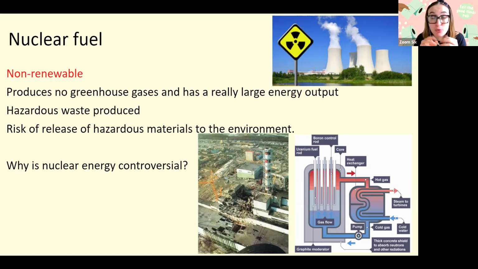And Chernobyl, if you are interested in Chernobyl, please do go away and look it up because it is really interesting. But Chernobyl has been so contaminated with radioactive material that it's a complete no-go zone. Some people, you can go on a tour there, I think, but you have to wear a Geiger counter to monitor the radioactivity, and you can only stay there for a certain amount of time or else it's not safe for your health.